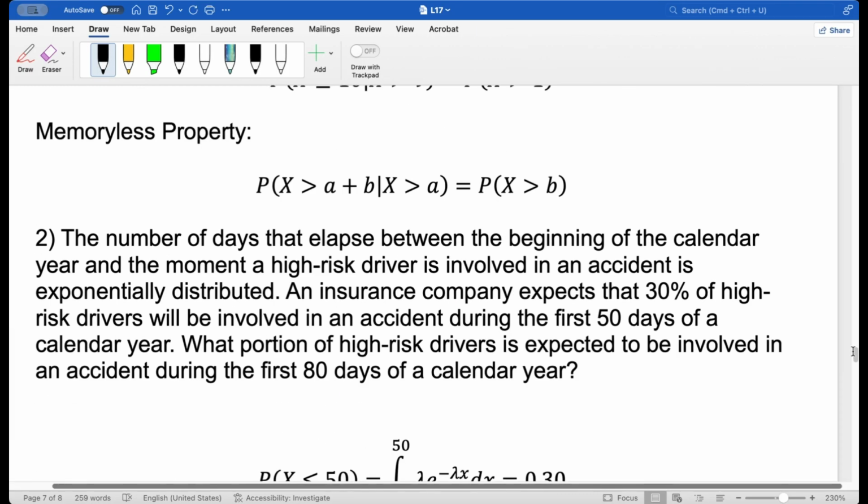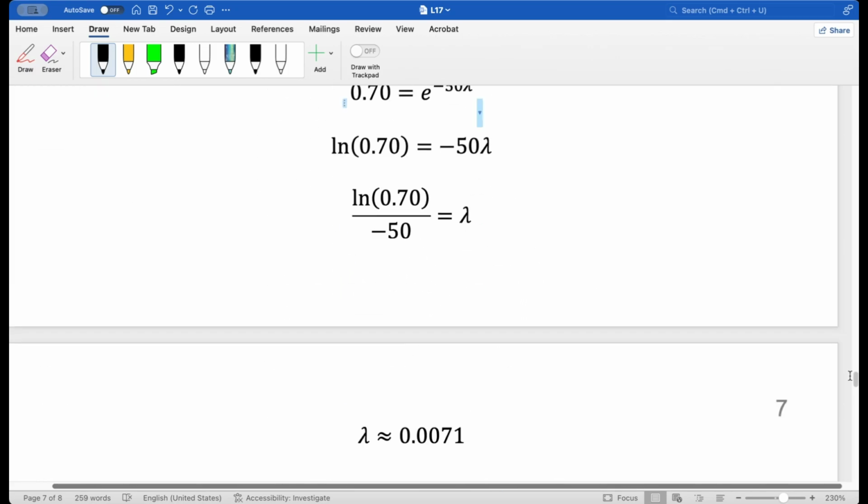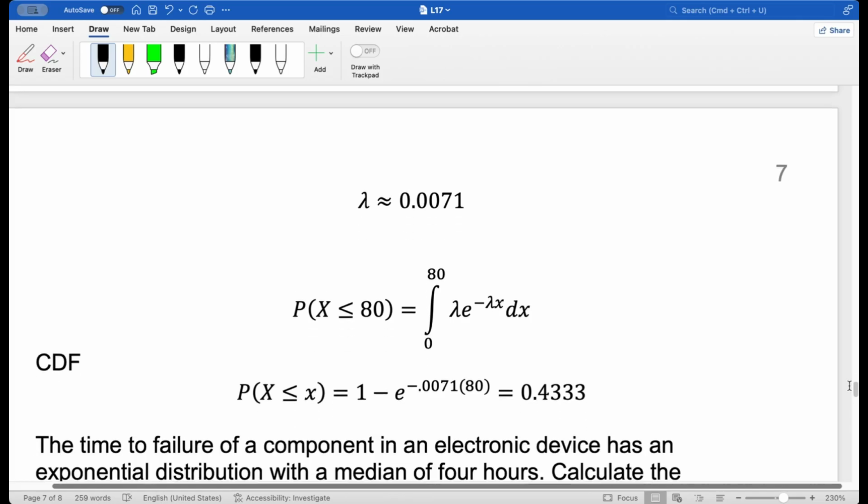So answering the question, what portion of high-risk drivers is expected to be involved in an accident during the first 80 days? It's about 43%.